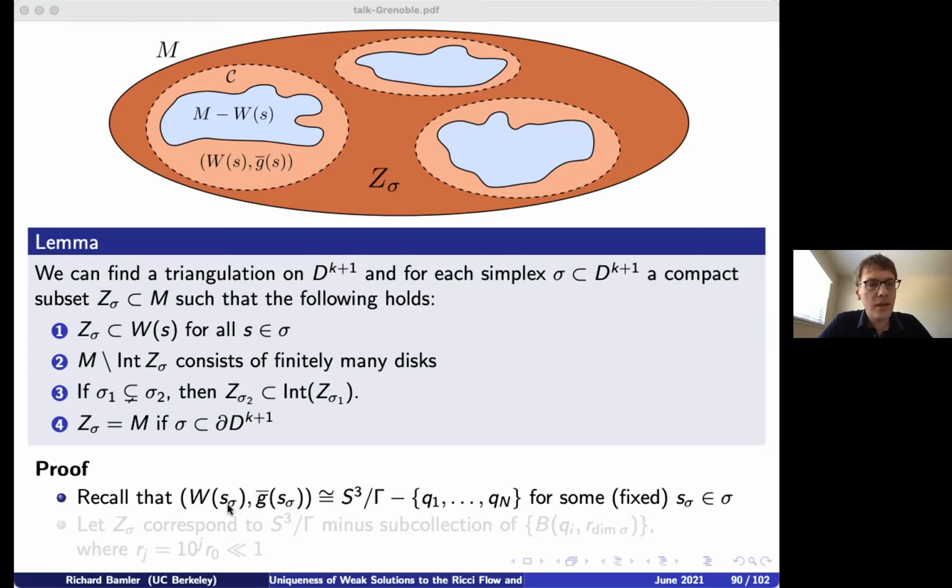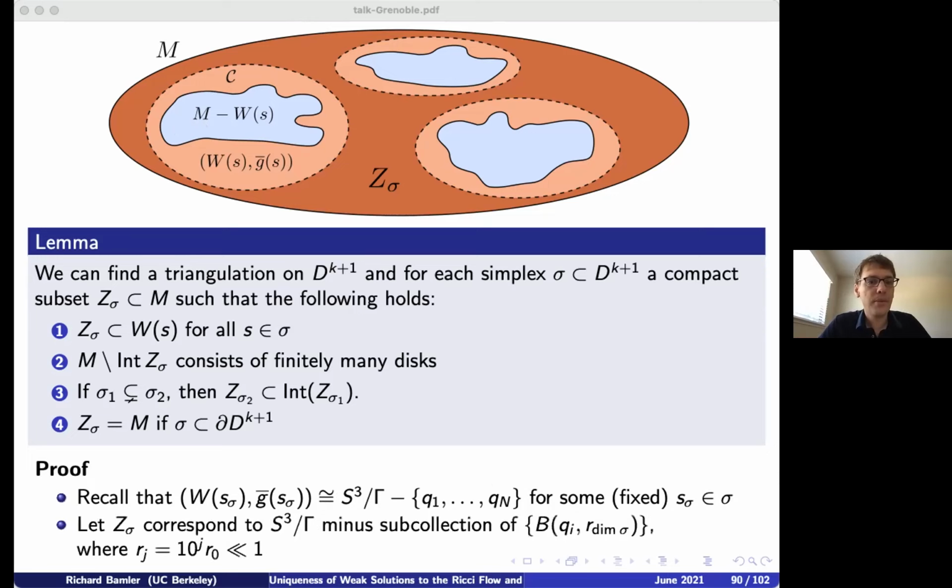Let me now look at W as sigma and G bar as sigma. Recall, this is isometric to a punctured round spherical space form. And so these punctures in the spherical space form really correspond to these holes. So within the metric on W, these holes just look like points.